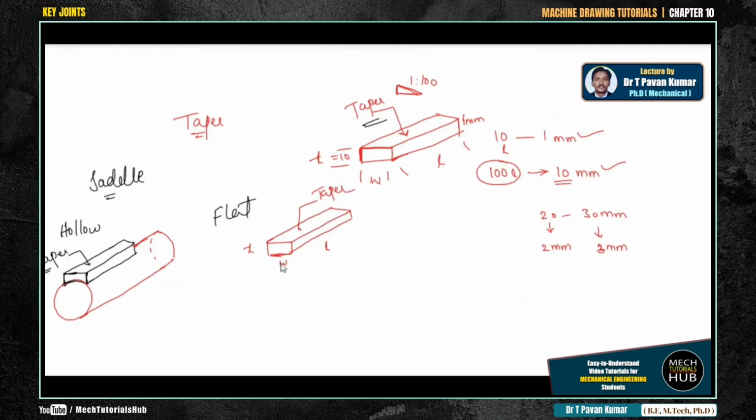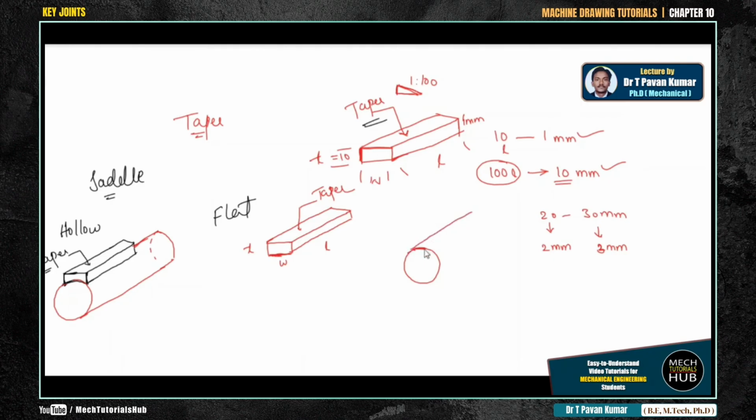As the bottom is a flat surface, the top surface of the shaft, where exactly the key is going to sit, they'll try to make flat by filing it.